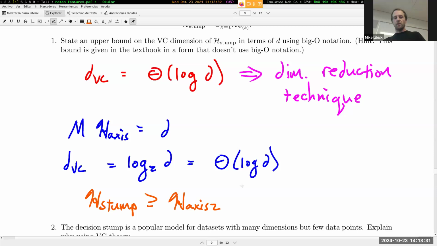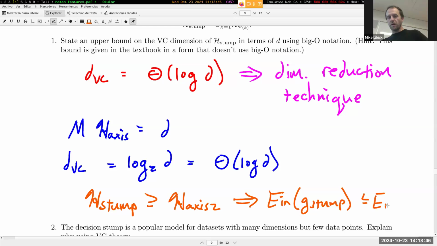H stump gives us more flexibility, so this will imply that the E in of whatever we select for our stump, so I'll say G stump, is going to be less than or equal to our E in for G axis 2.